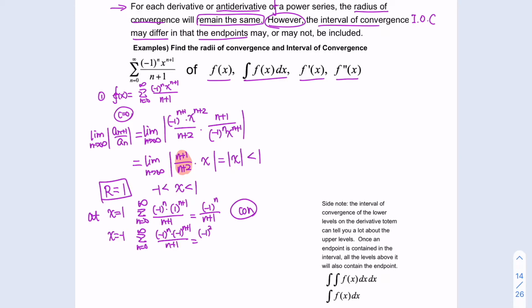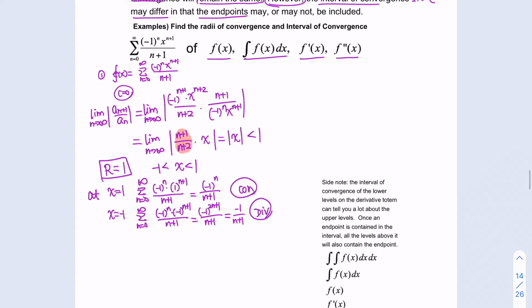Negative 1 to the 2n plus 1, because 2n plus 1 is always odd, so this will be negative 1 over n plus 1. Very similar to a p series, so this one diverges. You don't have to show steps, just conclude it diverges. So the radius of convergence is 1, and the interval of convergence is negative 1 to 1, closed on the right. You have to include 1 here.